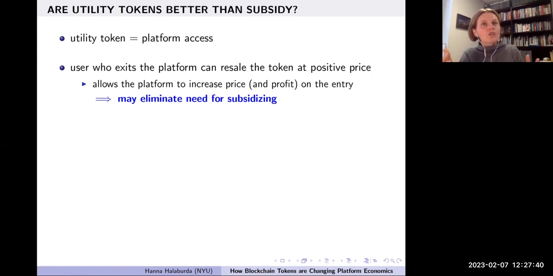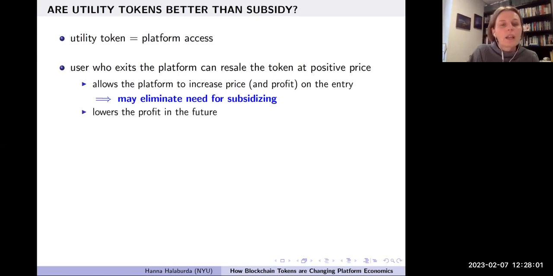And maybe even in situations where before with subsidy you needed to pay $10, you may actually sell a token for $2. So it may completely flip the sign of the price in the first period, exactly because of those expectations of future profit if I don't like the platform. And if I like the platform, that's even better.